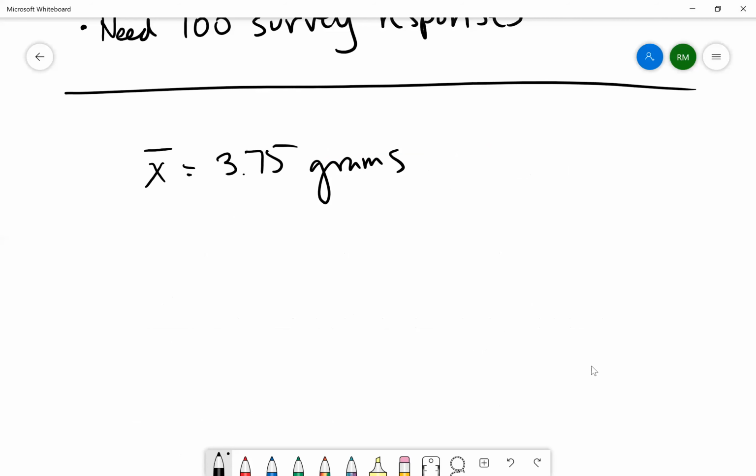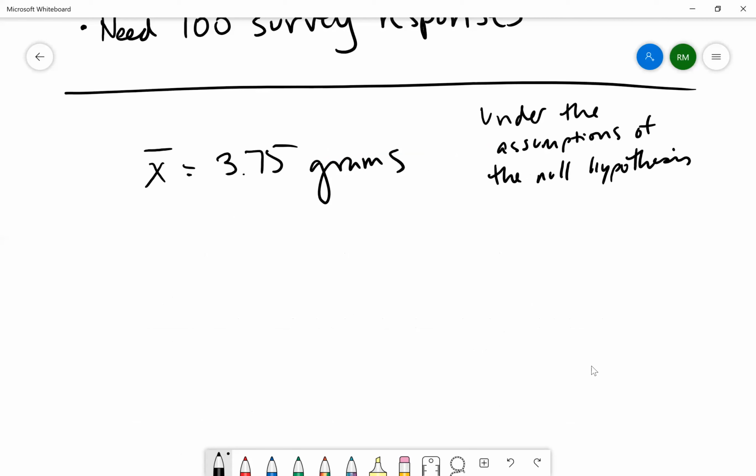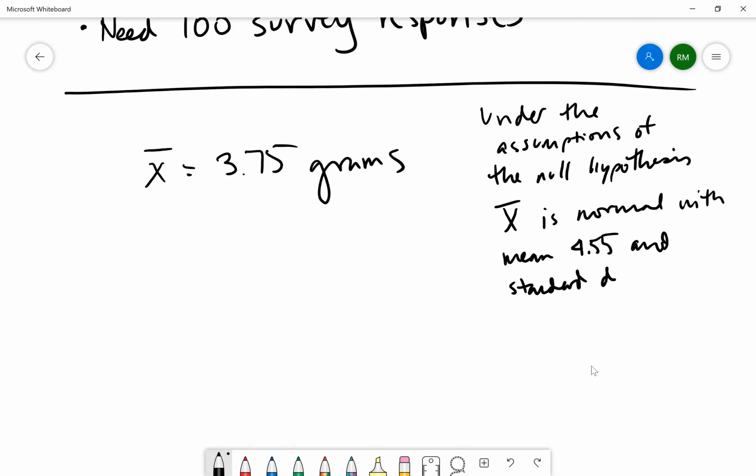Okay, and we know that under the assumptions of the null hypothesis, X bar is normal with mean 4.55 and standard deviation 0.7 over root 6.